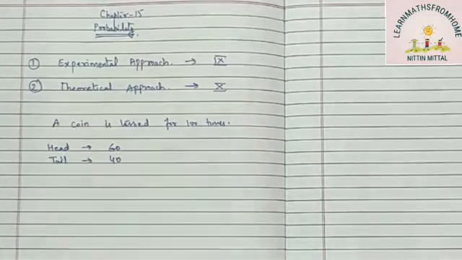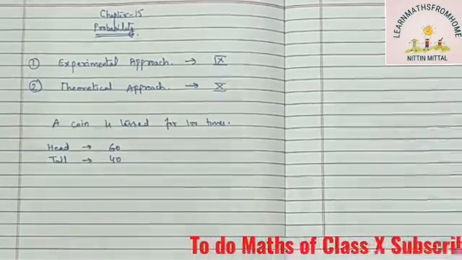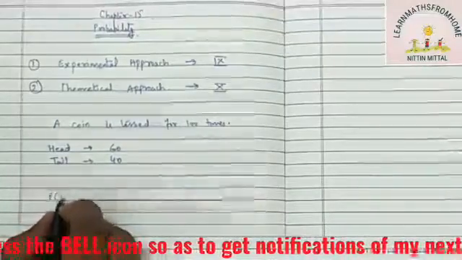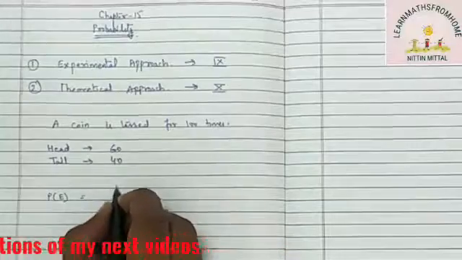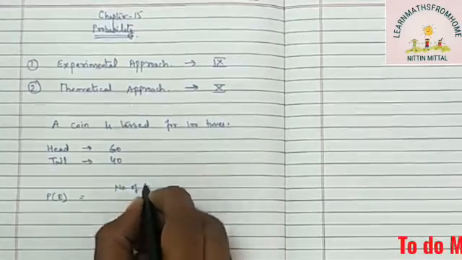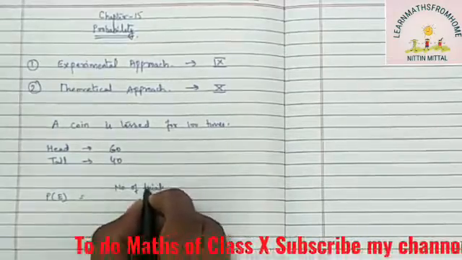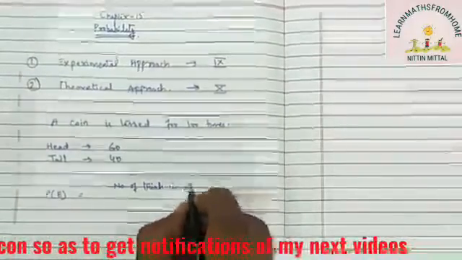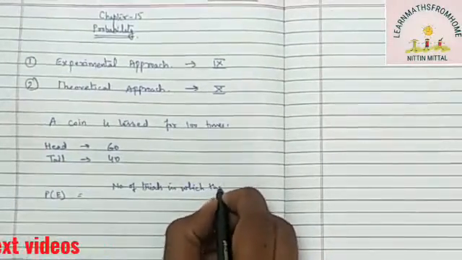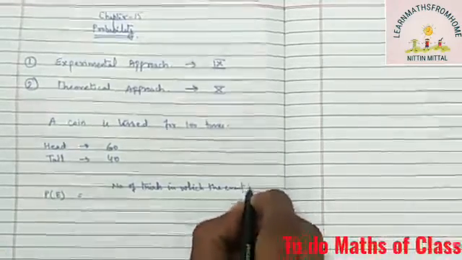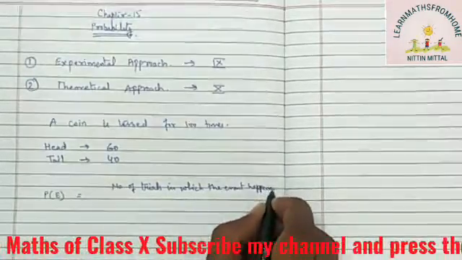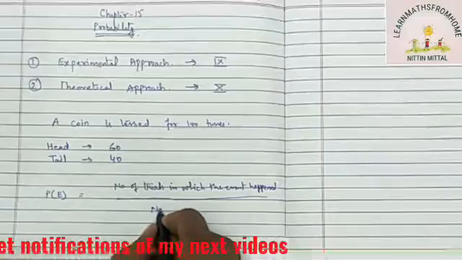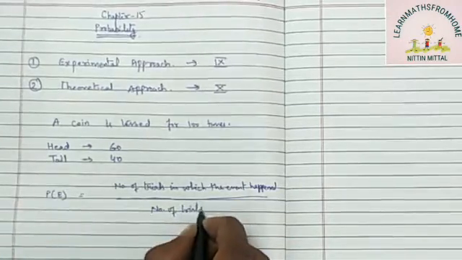So in this case our answer of probability will be based on this experiment, and the formula used is number of trials in which the event happened over total number of trials.